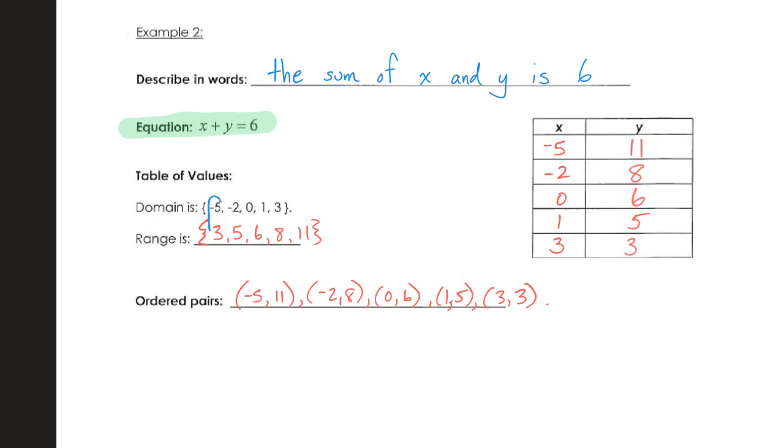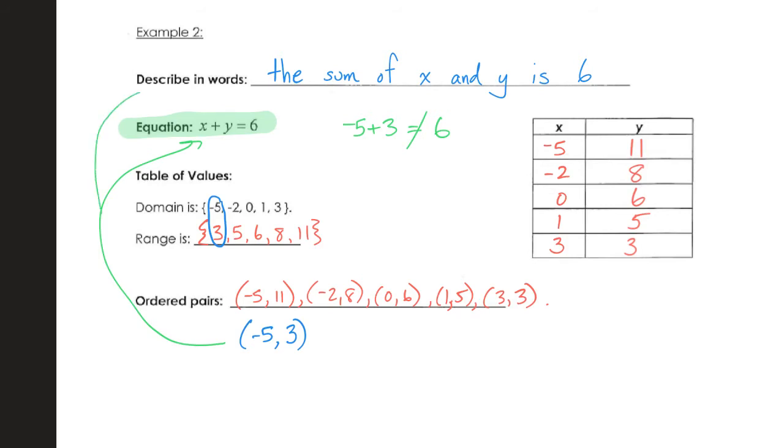If I tried to pair up my domain and my range, then I might say that this X value of -5 gives me a Y value of 3, because they were the first values listed in each set. Here's the problem though. If I sub -5 back into my equation, does -5 plus 3 give me 6? No, that does not equal that.